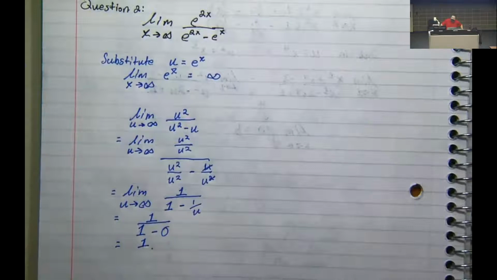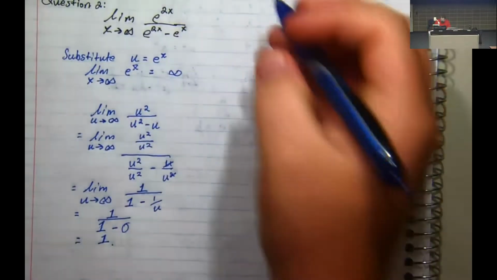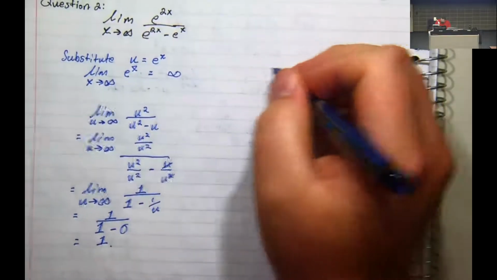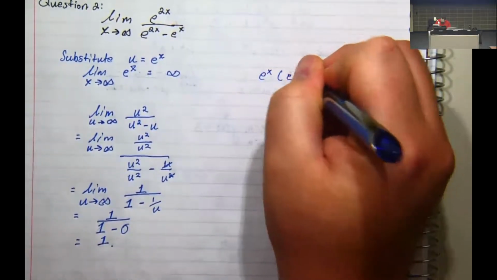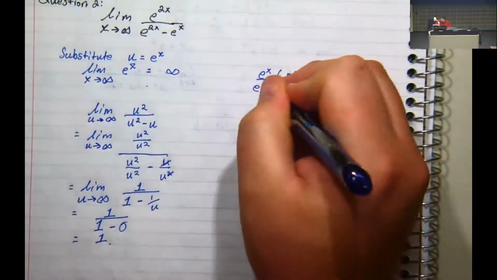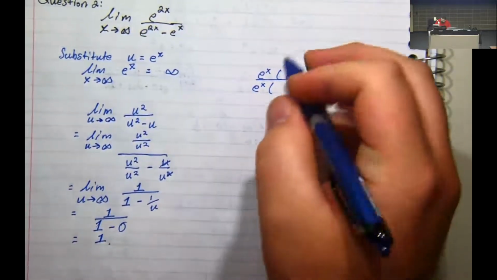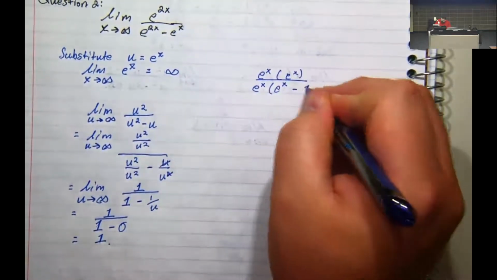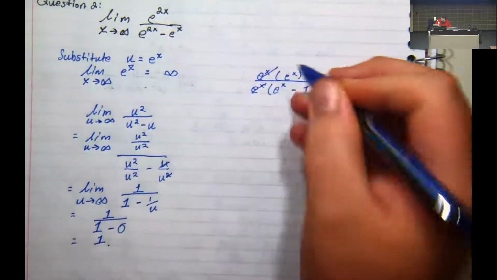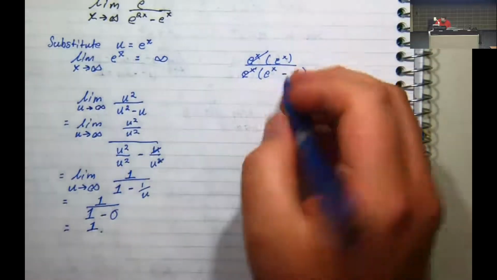You're saying factor out the e to the x? Sure, let's try that. So if we factor out the e to the x, you would then still need to, well, I guess then you could divide everything by e to the x.